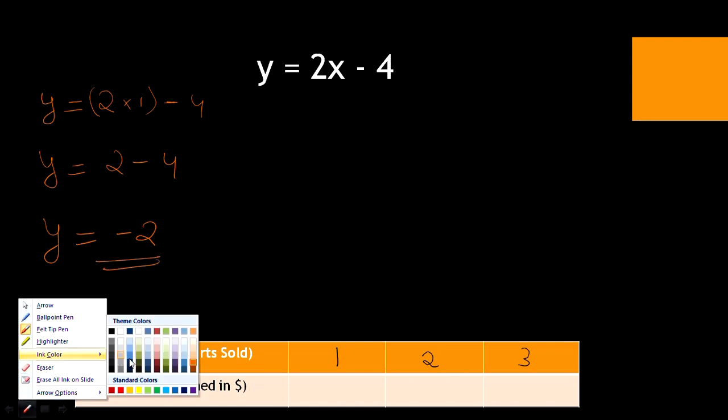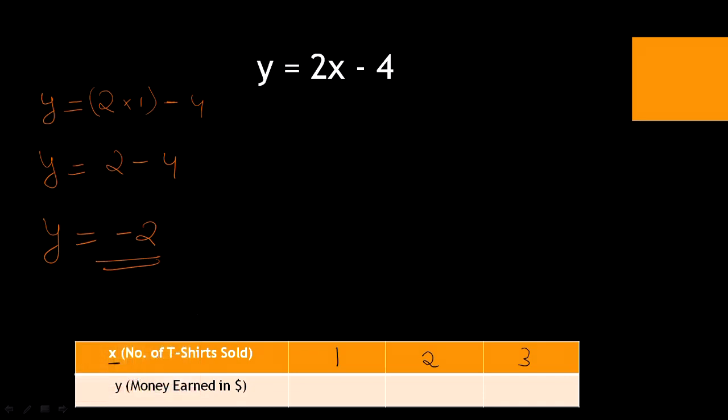Now let us go to the second situation where our x is 2, and therefore our equation becomes y equals 2 times 2 minus 4. Solving this further, I get y equals 2 times 2 is 4 minus 4, so y equals 0.